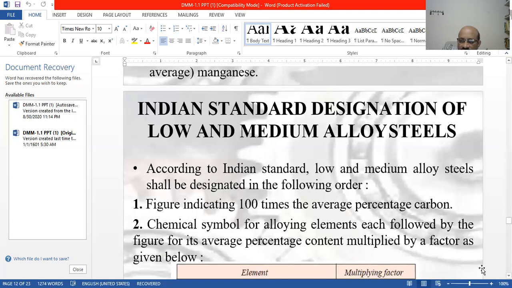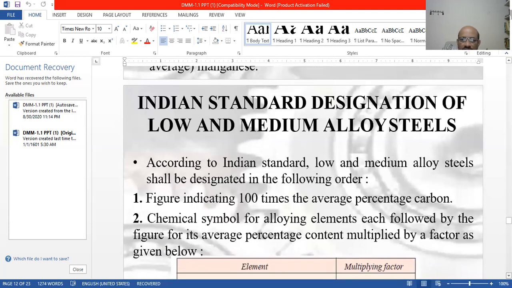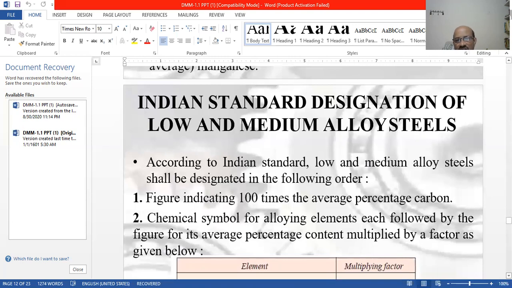According to the Indian standard, low and medium alloy steel shall be designated in the following order: a figure indicating 100 times the average percentage of carbon, and the chemical symbols for alloying elements, each followed by a figure for its average percentage content multiplied by a factor as given below.